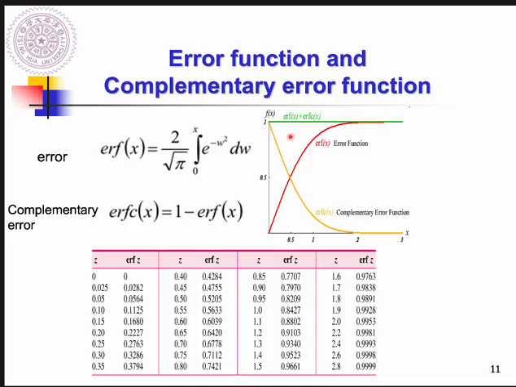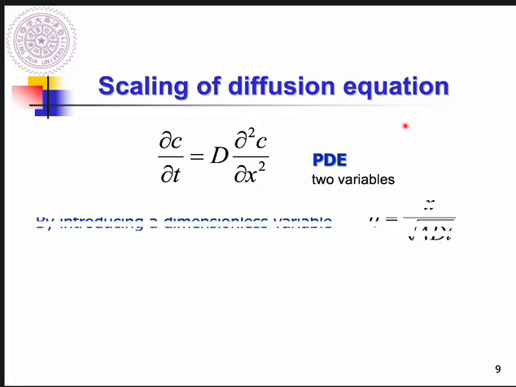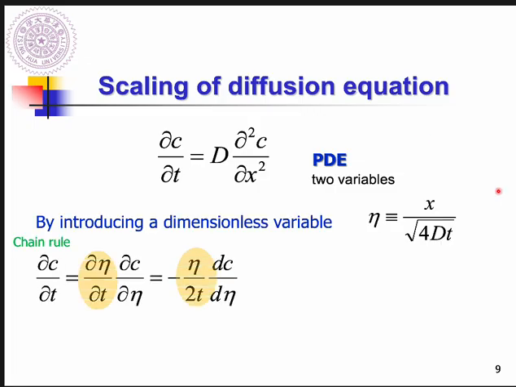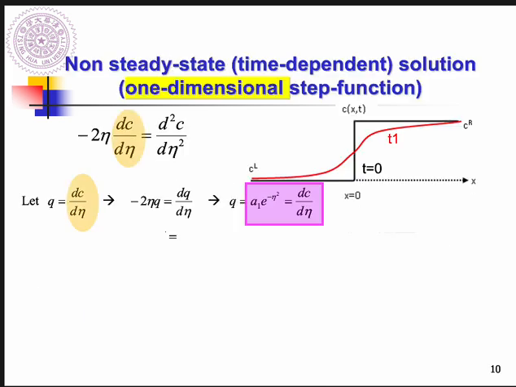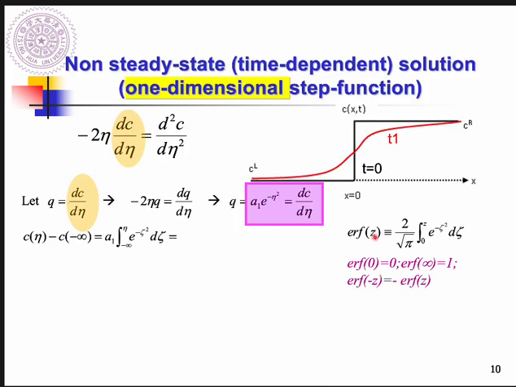And as we mentioned before, the maximum value for the error function is 1. For the property we have shown this before: the error function at infinity equals 1, and as z approaches negative infinity it is -1.